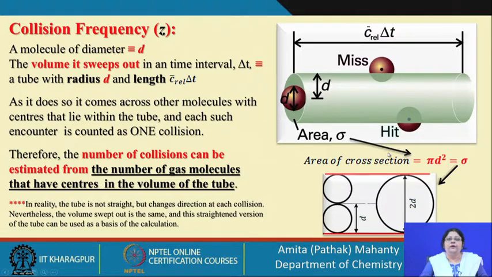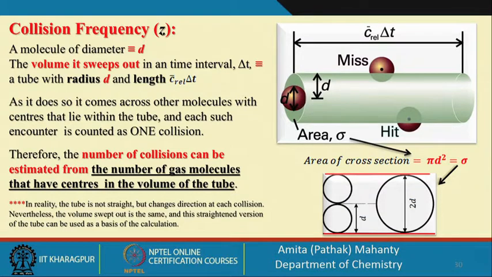Now, what happens when two molecules are approaching each other with a relative speed, say a molecule of diameter d approaching another molecule, and we look at the volume swept in an interval t? Suppose I want to see which molecules are going to undergo a collision. For understanding that, we have to maintain a minimum distance between the centers of the two molecules.